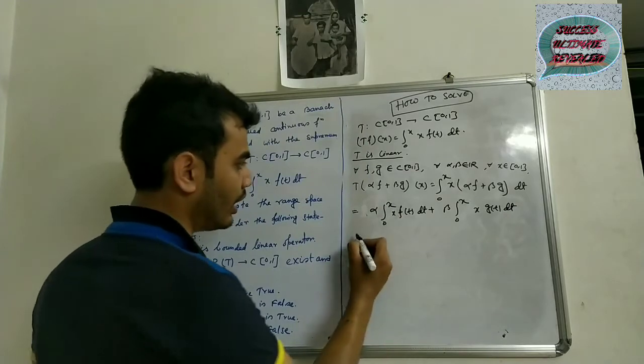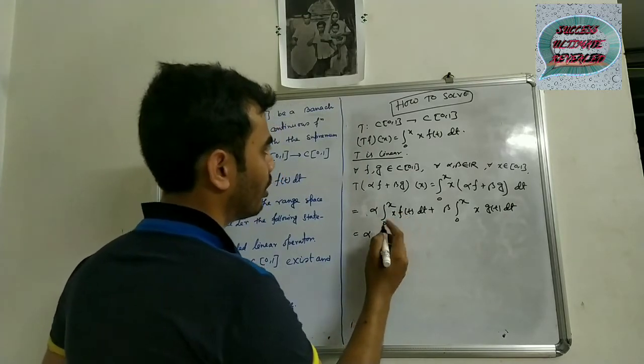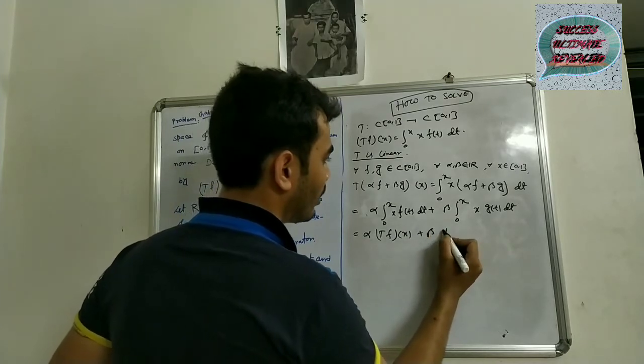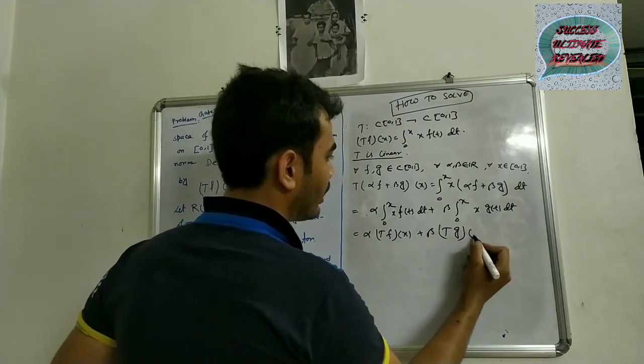Clear? And this is equal to alpha (Tf)(x) plus beta (Tg)(x).